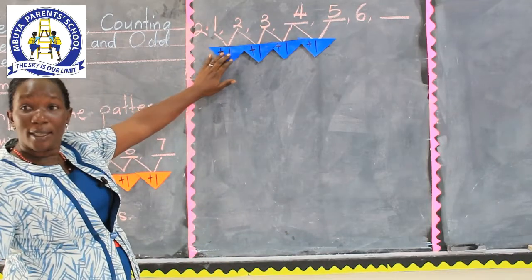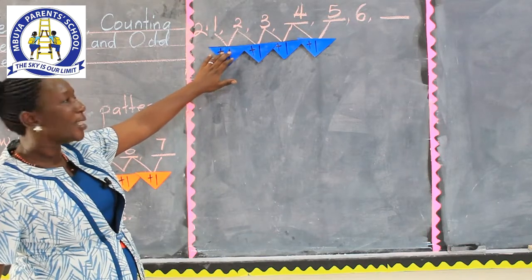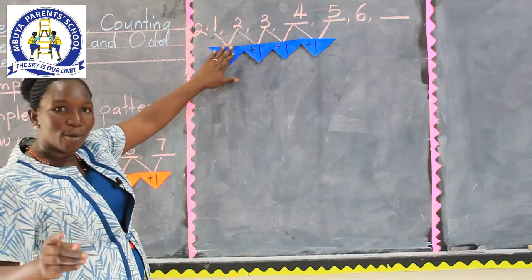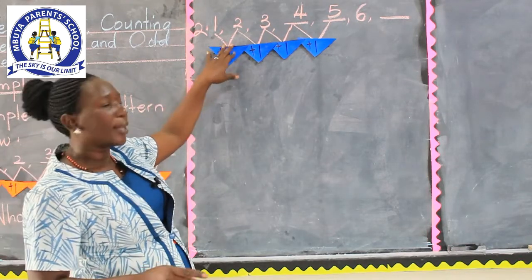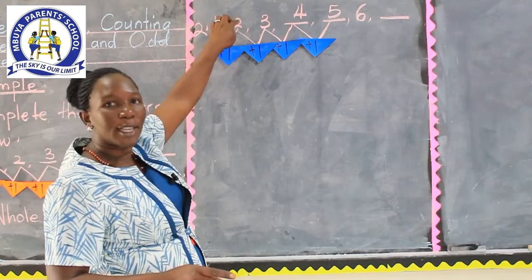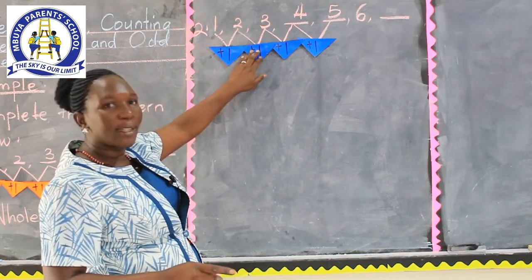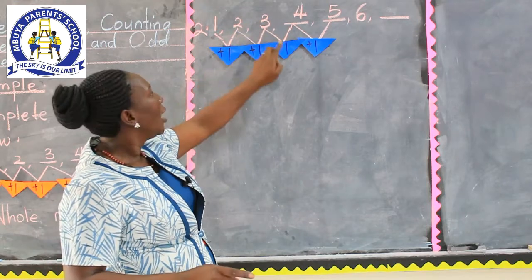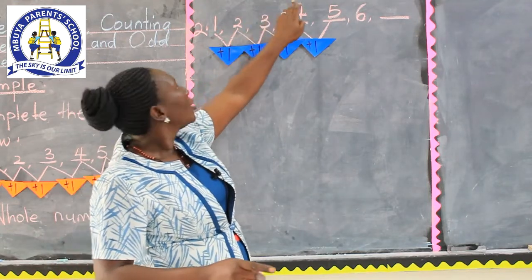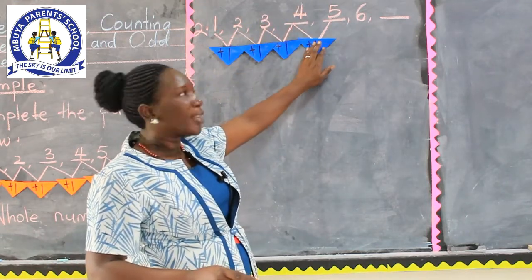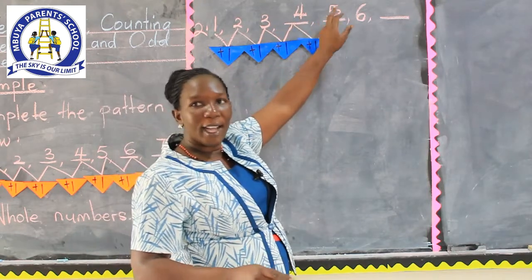When it comes to this number, you see that we are adding 1 to get the next number. I'll add 1 to get 2, add 1 to 2 to get 3, add 1 to 3 to get 4, add 1 to 4 to get 5.